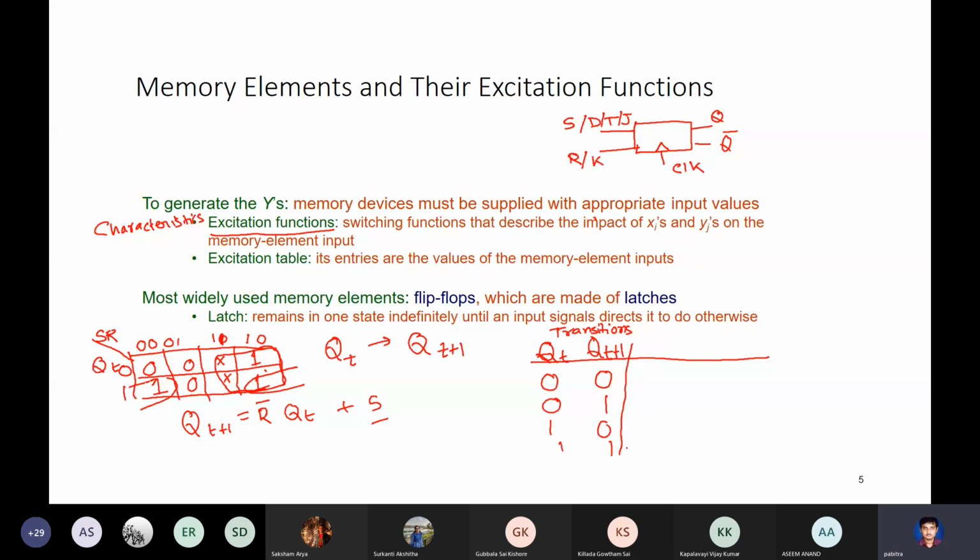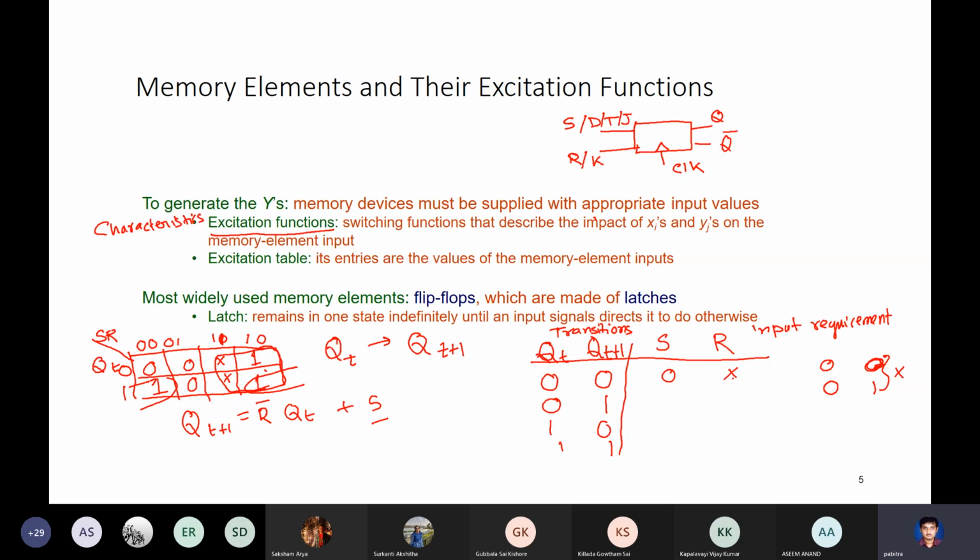If it is 0 and goes to 0, it can mean two conditions. The input requirement can either be SR 00, that is no change, or reset equal to 1. If reset is 1, then Qt plus 1 will be 0. So S is 0 and R is don't care.